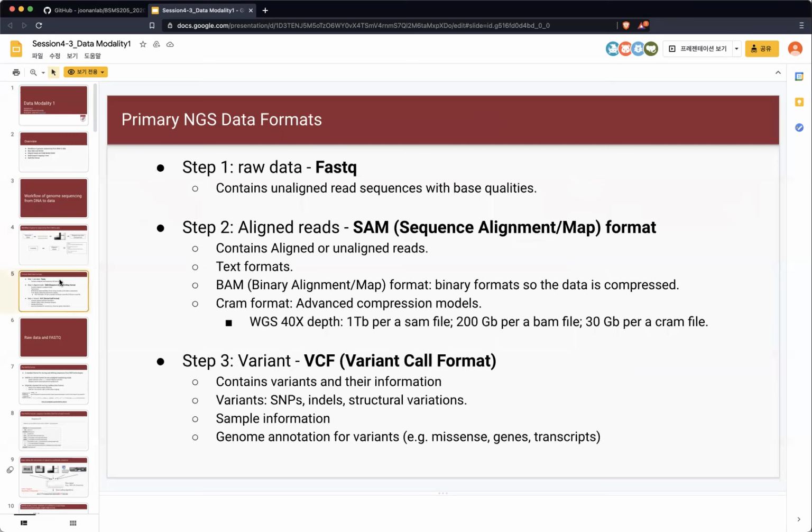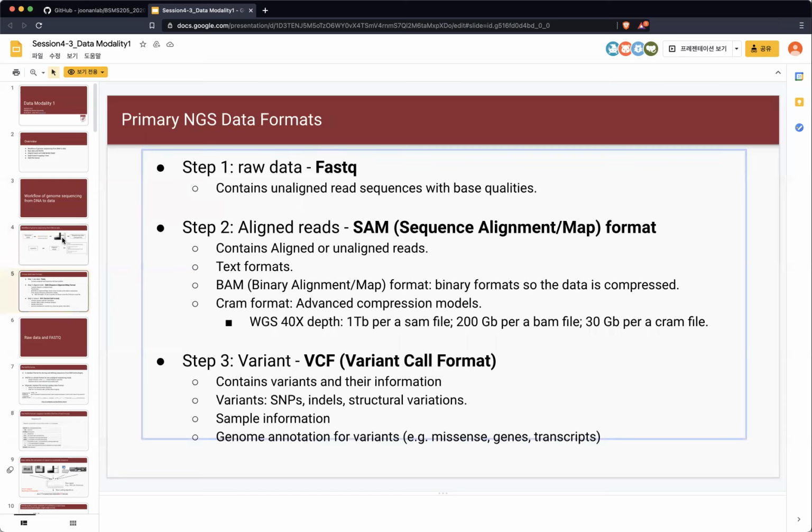Okay, so here is the list of the data formats you get from the sequencing machine and related to this process. The first step, we get the raw data, and raw data is stored in Fastq format. The format name is Fastq, and that contains the read sequence with the base qualities, right?